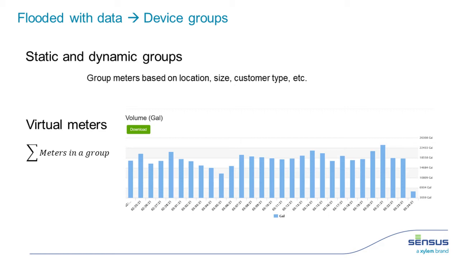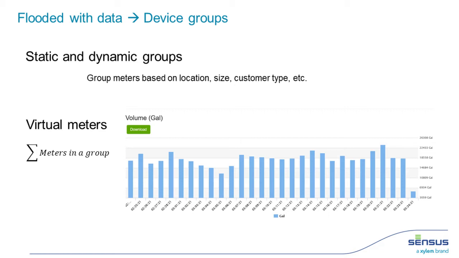So you might create a group where all of the large meters are grouped together, customer type, etc. And that can be really valuable for customer service because, like I mentioned, you could group these by size. As we know, most of our revenue for a lot of utilities comes from the largest customers. And so being able to keep your eye on those large customers can help us focus our attention on the important aspects, especially when it comes to revenue.